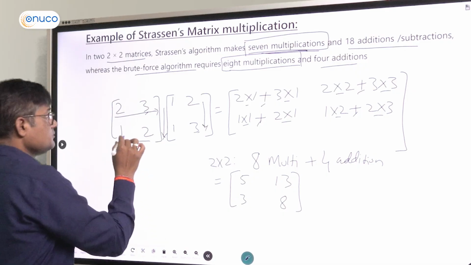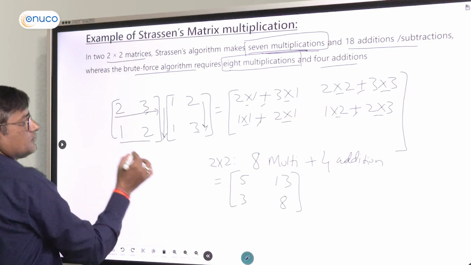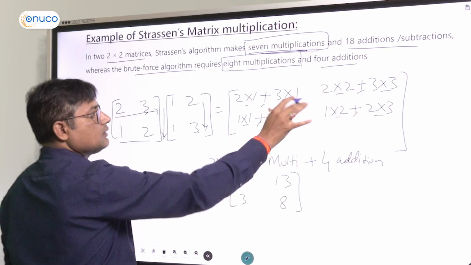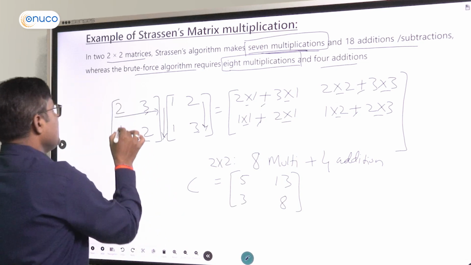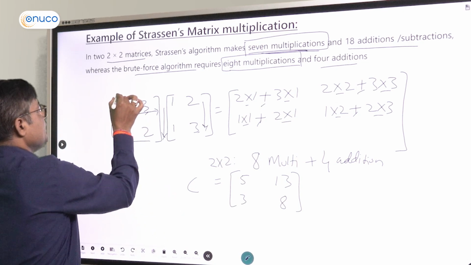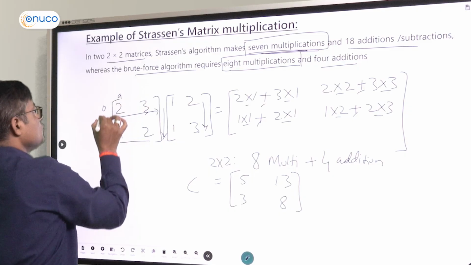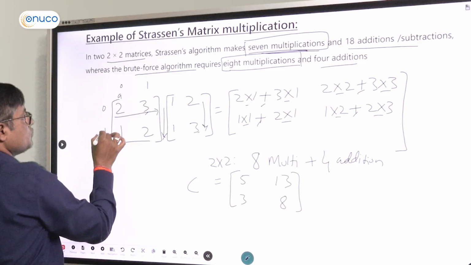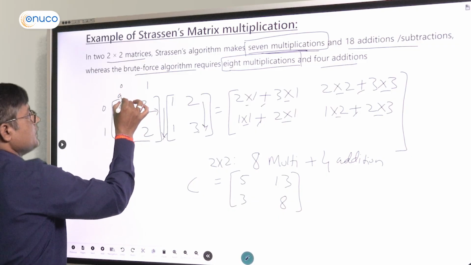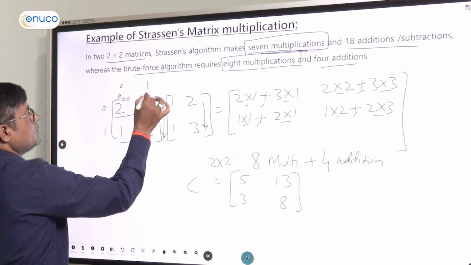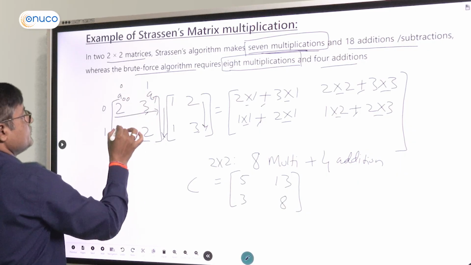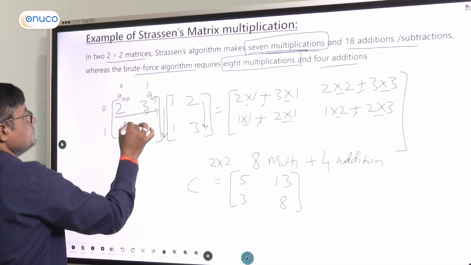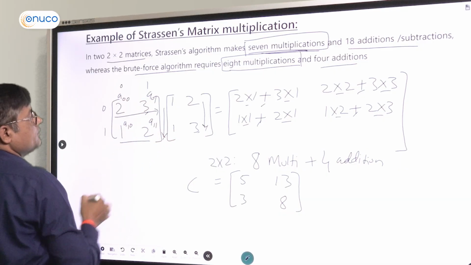Now, this can be represented as outcome C. And what is the value of C? These are all the multiplicative factors. If this is the first matrix, we can write it at this place, since 0th row, 0th column, 0th row, first column, first row, 0th column, first row, first column. So this can be represented as A00, A01, and in this place row is 1, column is 0, row is 1, column is 1.